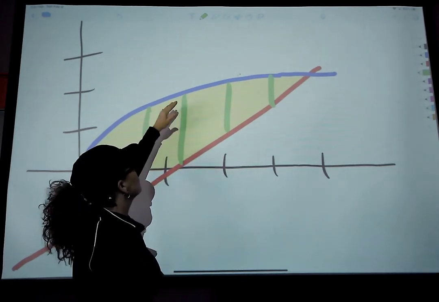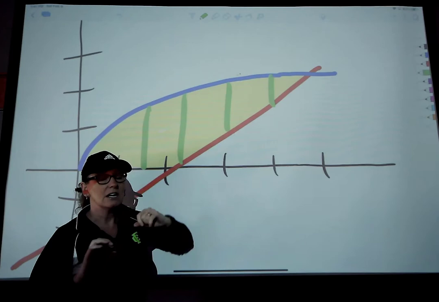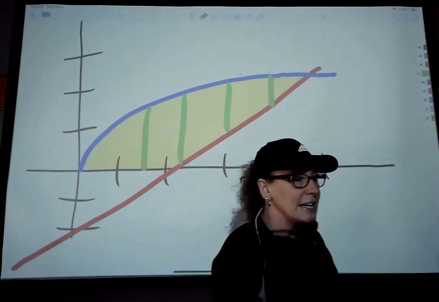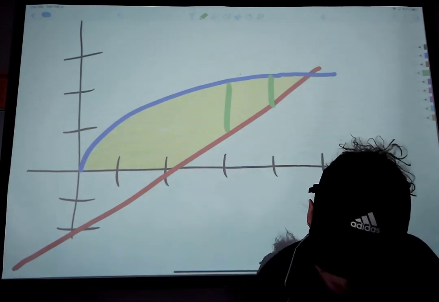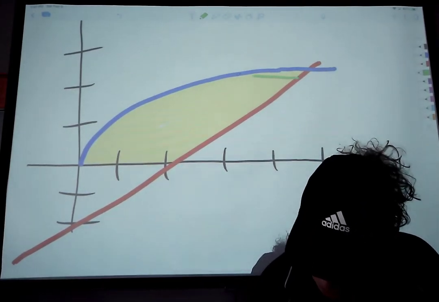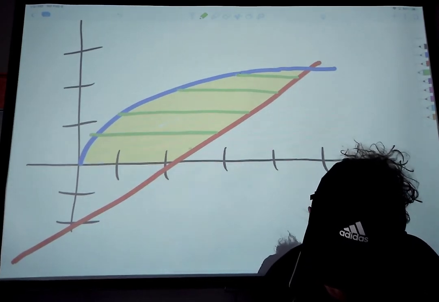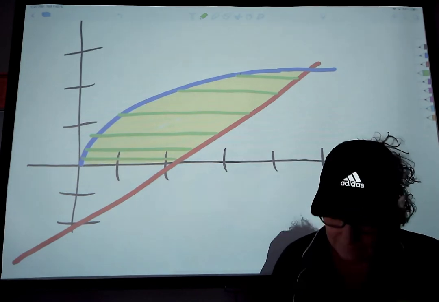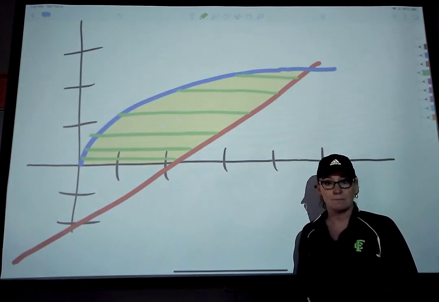So just simply doing blue minus red to get heights is not going to work. Let's see if horizontal rectangles work any better for me. So here I can go red to blue, red to blue, red to blue, red to blue, red. Oh, I like it. Horizontal rectangles would work fine.